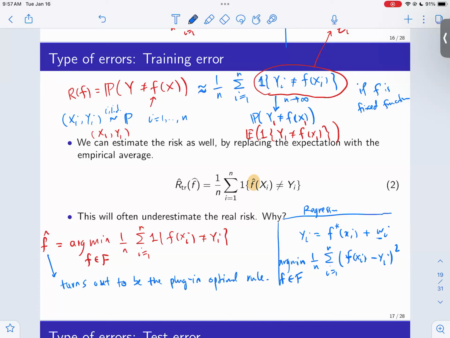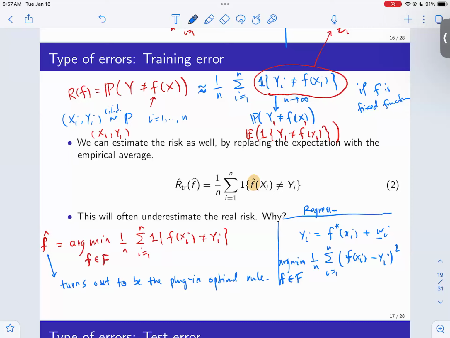Okay. But the reason that I mentioned underestimate is because you deliberately make it smaller. That's sort of clear. So the real thing that you want to do is this. You want to minimize this that you don't have.